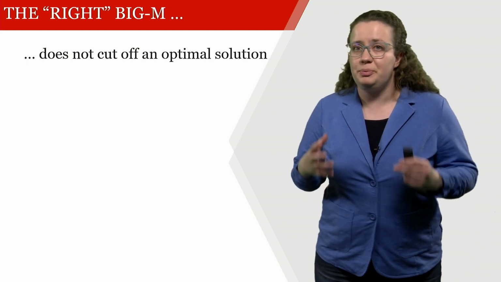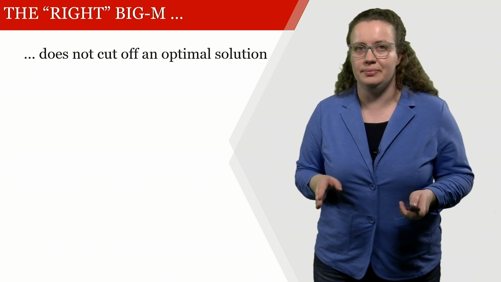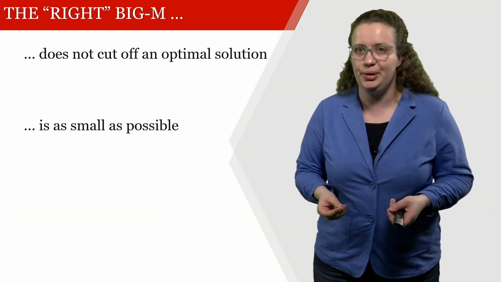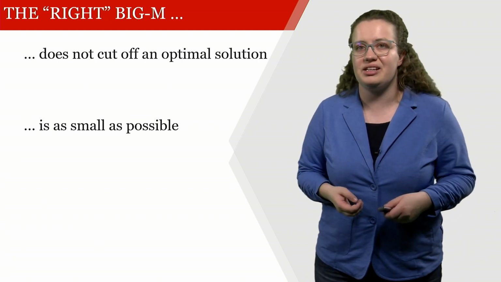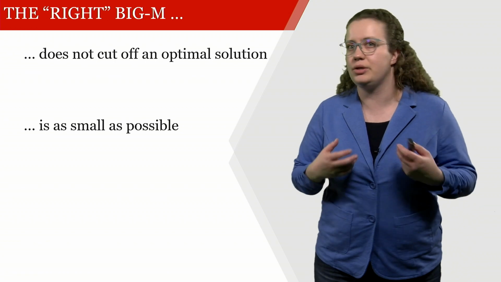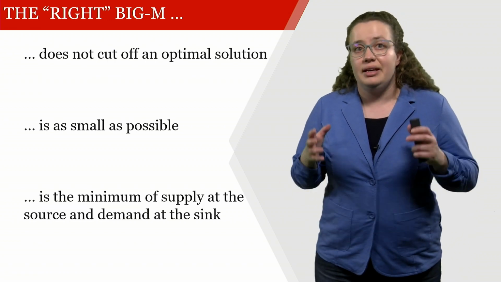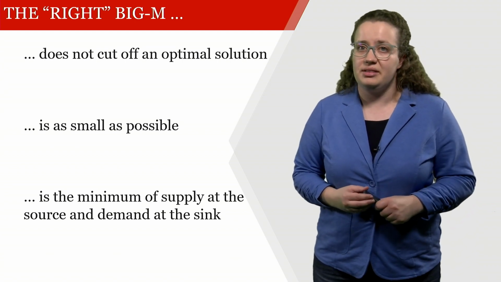So let's look into the right big M, because big M right now can, of course, be a lot of different values. First of all, the right big M does not cut off any optimal solution. Secondly, the right big M is as small as possible, and that has computational reasons. Otherwise, it's just going to take us very long to solve this problem using Gurobi or any other off-the-shelf solver. In this particular case, it's the minimum of supply at the source and demand at the sink.